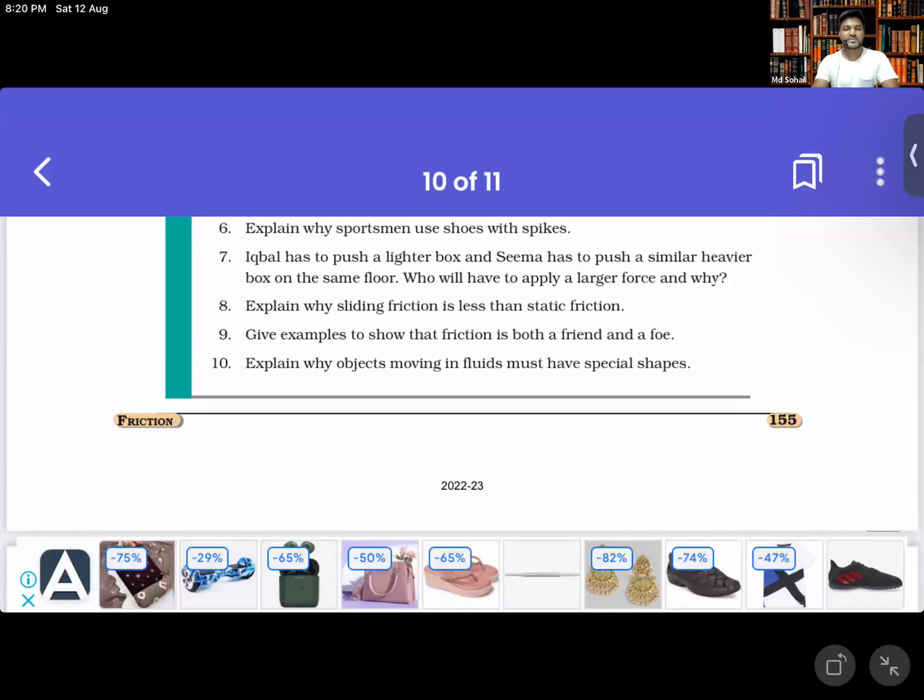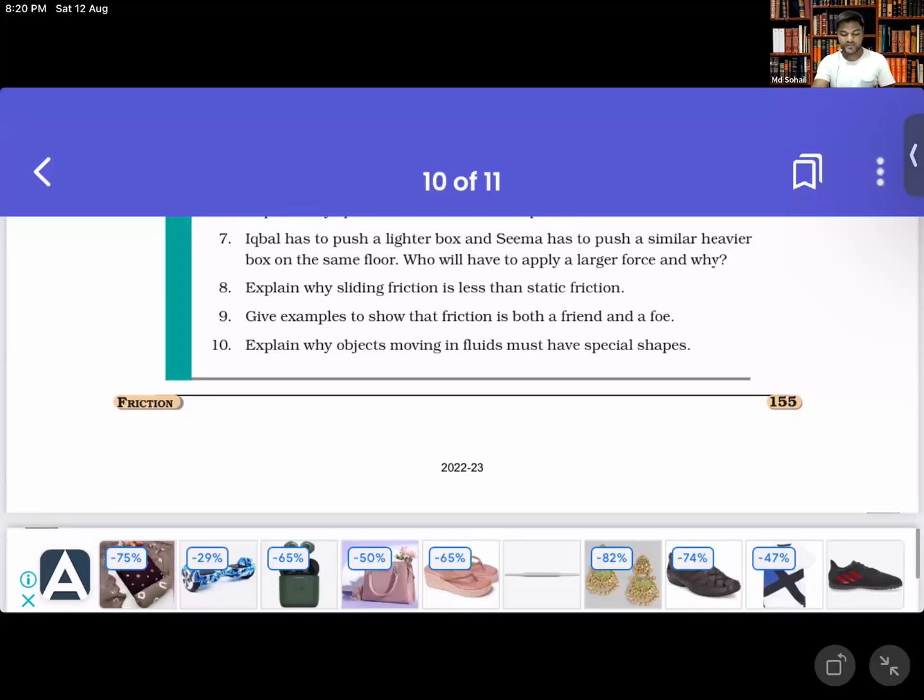Okay, now give examples to show that friction is both a friend and a foe. So one of you, Arham, explained how friction acts as a friend. Friction helps us when we are sitting.